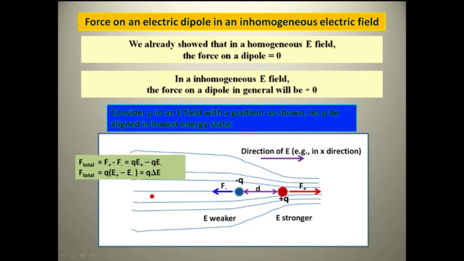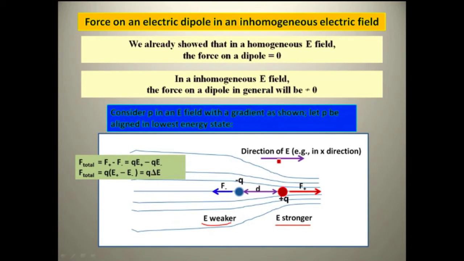So consider a dipole in an electric field that has a gradient, and I've just put the gradient along the axis of the dipole, but it can be in any direction. If you look at these streamlines as representing the E field direction, if you have a high density of field lines, you have a strong field, and as it goes to a less dense distribution, you have a weaker field.